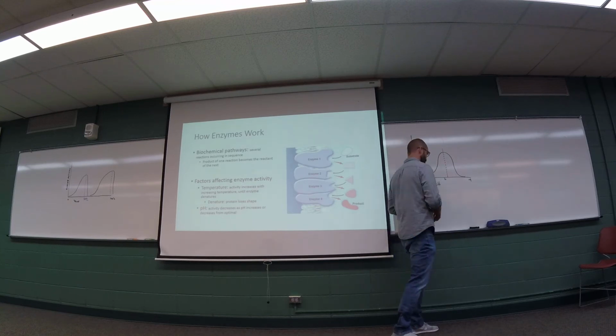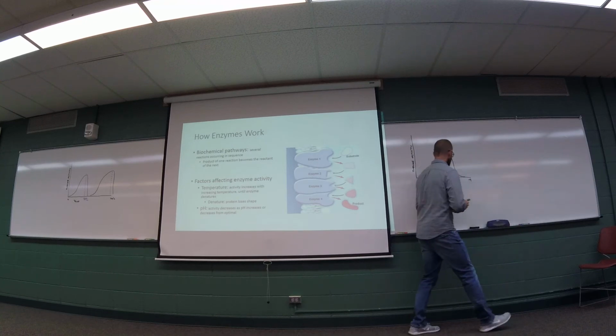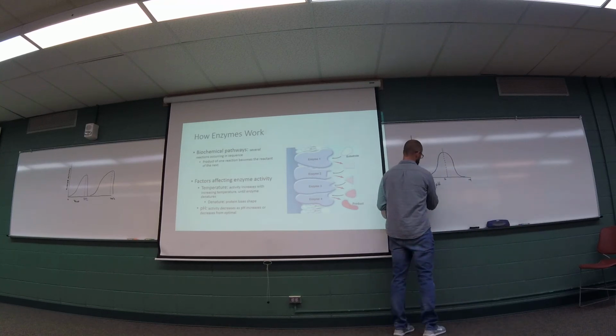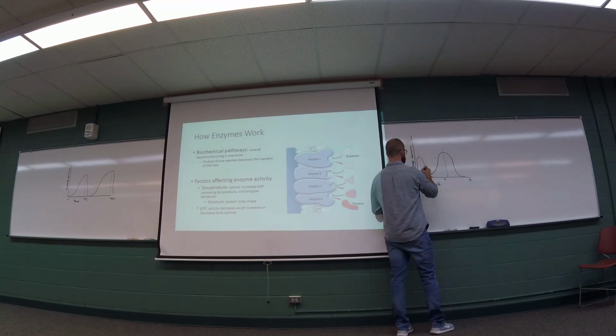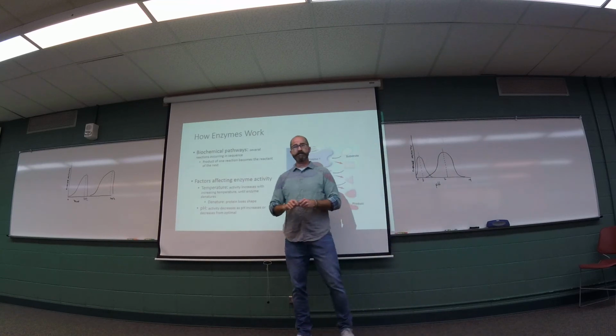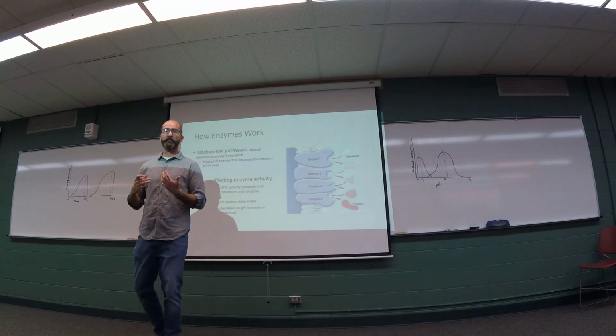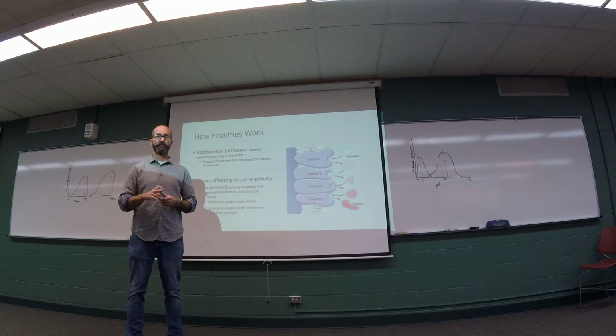There are some enzymes, however, that have an optimal pH that's somewhat close to 2. So their enzyme activity looks something like this. Could you think of enzymes that have an optimal pH that is very acidic?